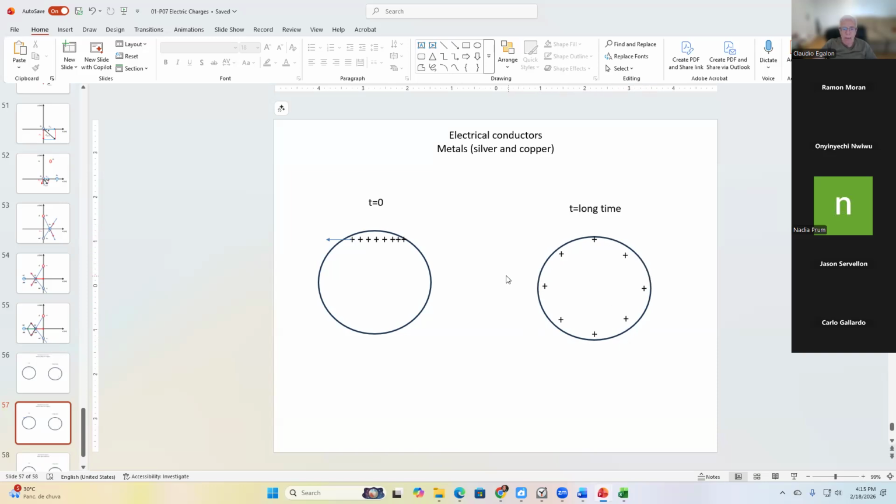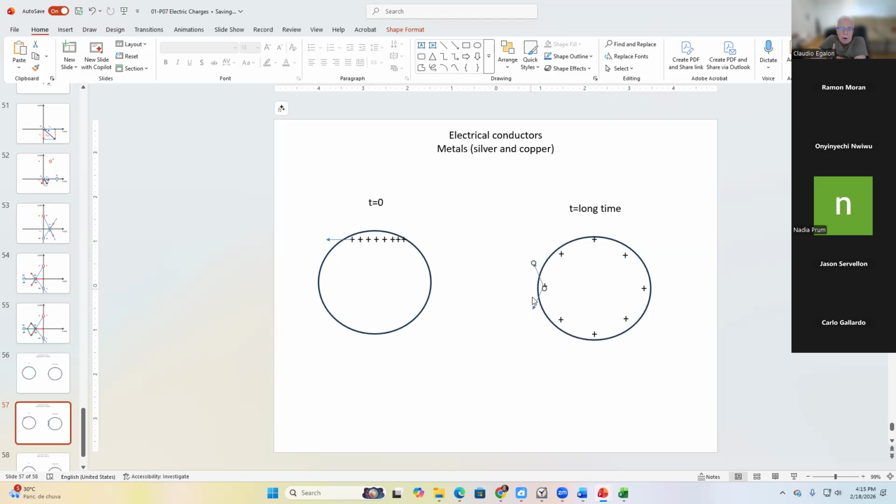There still will be an electric force on them. For instance, this charge right here will feel an electric force from the other one in this direction, but it also is going to feel another electric force pointing in this direction. Do you see that? And so on, right? This charge is also going to apply a force.